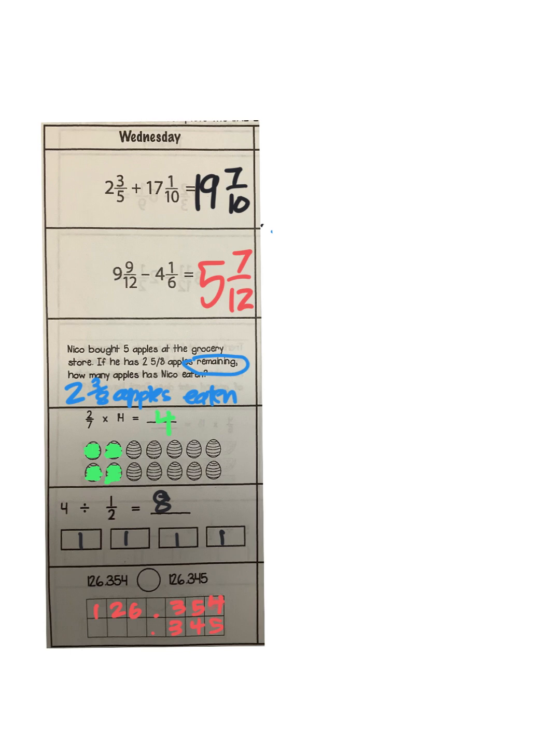Loud and clear, Waylon. Very good, Waylon. You're right. The 5 is bigger than the 4 in the hundredths place. So we know that 126 and 354 thousandths is greater than 126 and 345 thousandths.